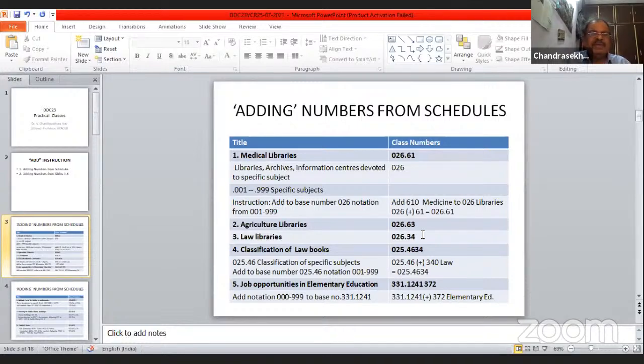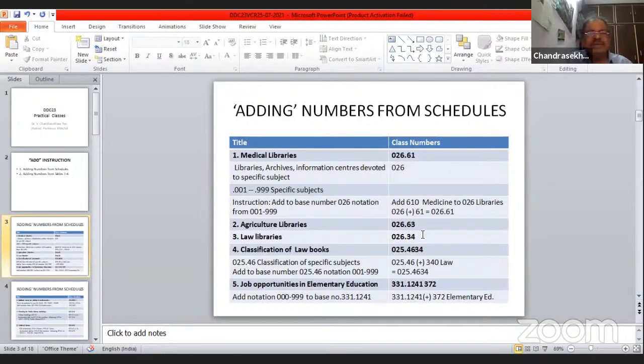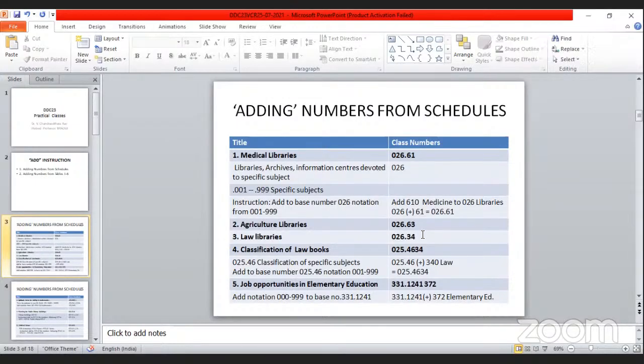Classification is one of the operations; classification, cataloging, indexing, all these are operations in libraries. That is a subdivision: 020 is library science, 025 is operations, and for classification the number is 025.46, classification of specific subjects.